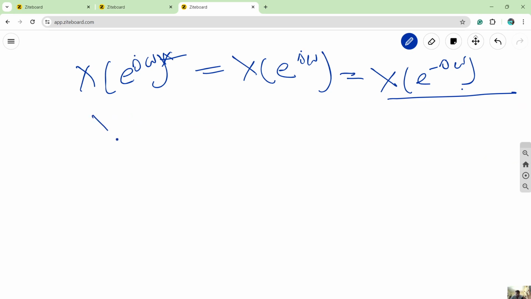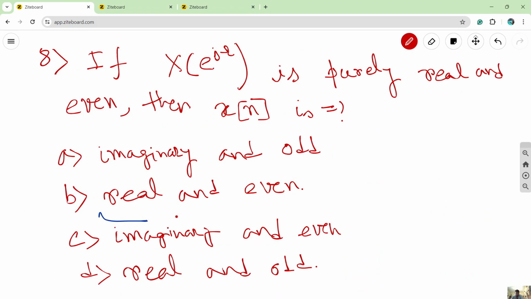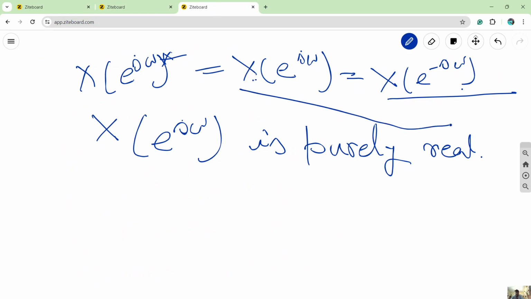So from this we can conclude that X of e to the j omega is purely real and it is also even because of this relationship.